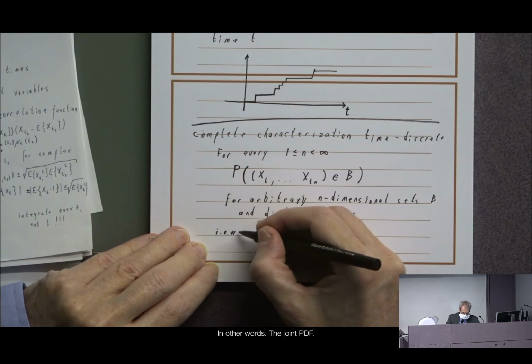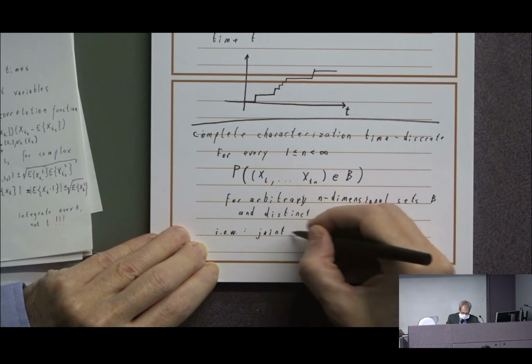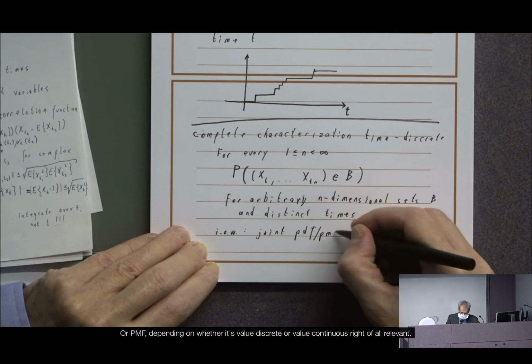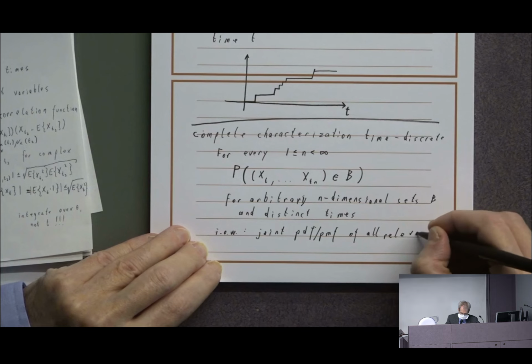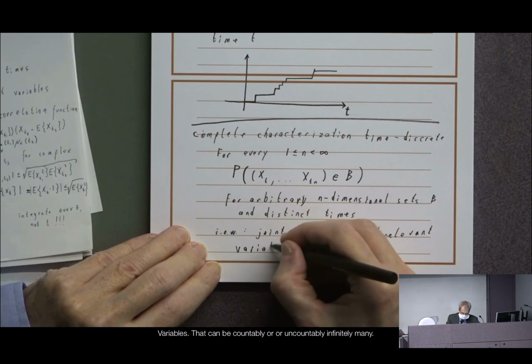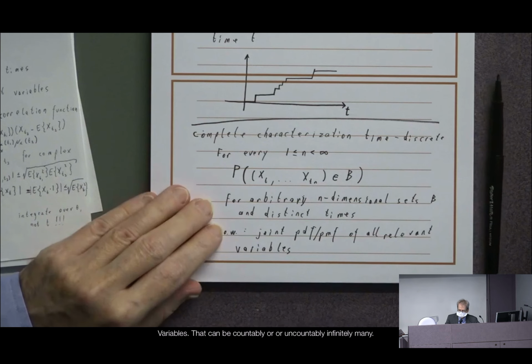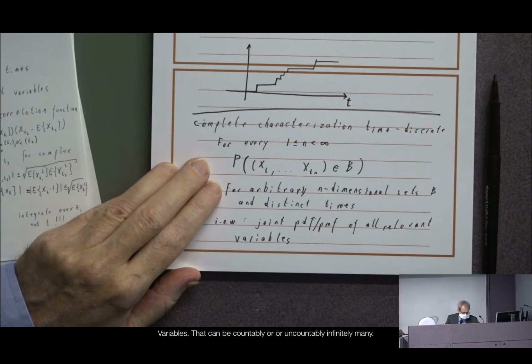In other words, the joint PDF or PMF, depending on whether it's value discrete or value continuous, of all relevant variables that can be countably or uncountably infinitely many.